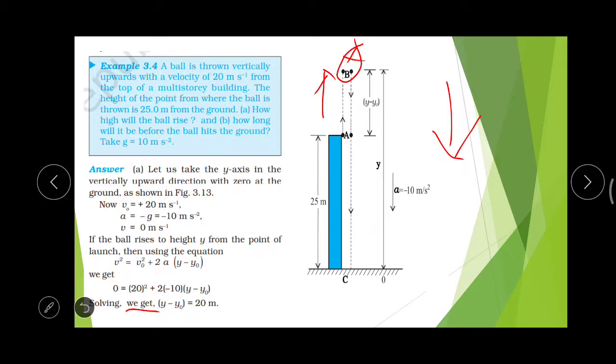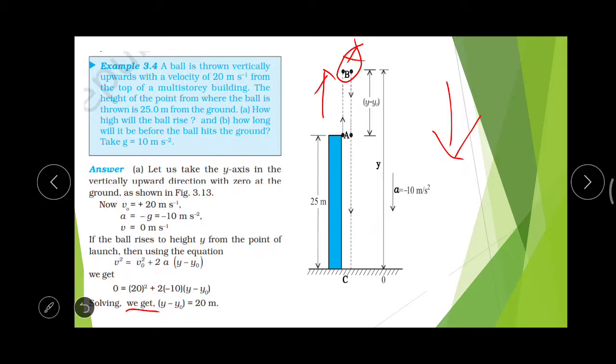So 2 into minus 10 will be minus 20 into (y minus y0).